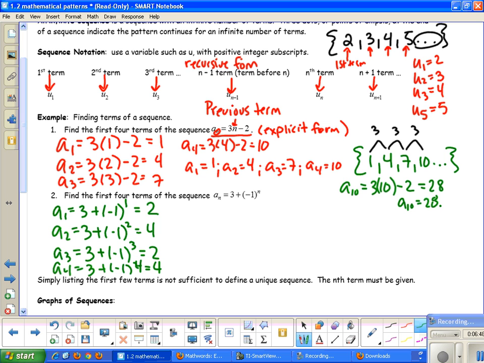So a sub 1 is equal to 2, a sub 2 is equal to 4, a sub 3 is equal to 2, and a sub 4 is equal to a value of 4. So if I wanted to write this in sequence notation, 2, comma, 4, comma, 2, comma, 4, dot dot dot.